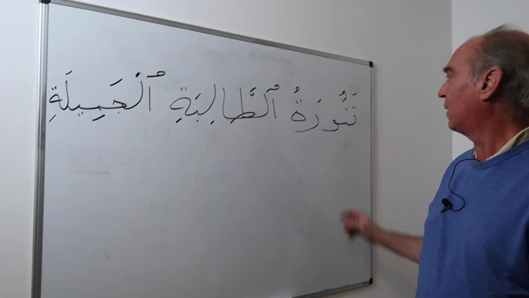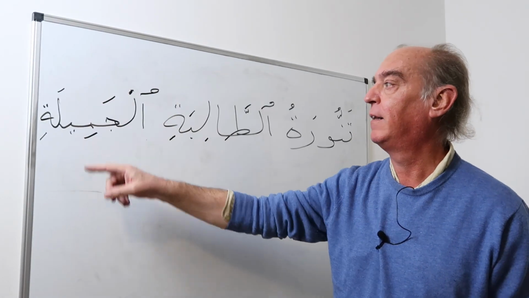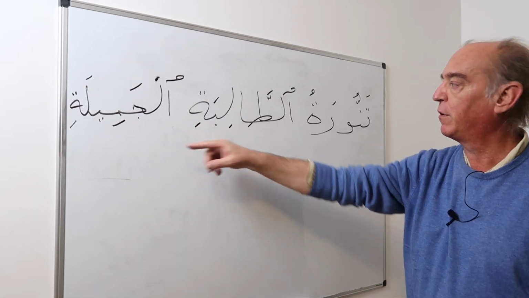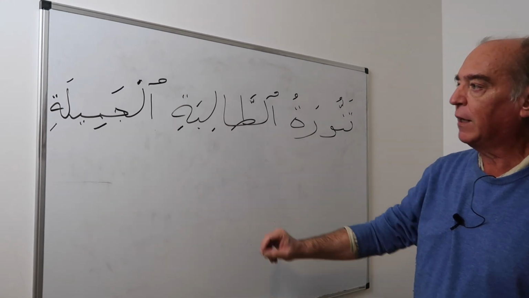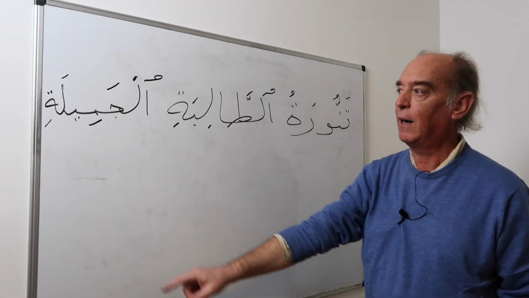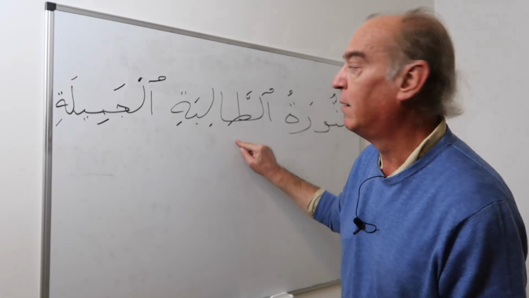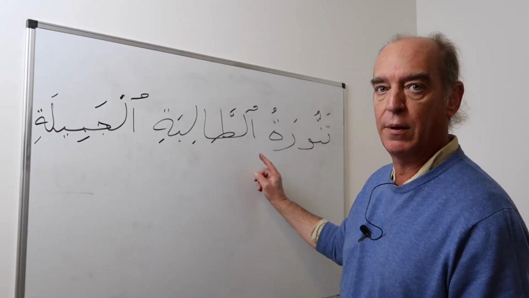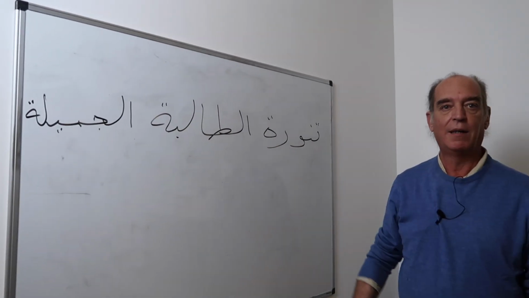Well, in saying tanuratu talibatil jamilatu, I will understand that the attribute is referred to tanura, the beautiful skirt of the female student. Here we have tanuratu talibatil jamilati. I understand that the attribute is referred to the female student, so it's the skirt of the beautiful female student. This is how you will find our idafa in a normal text.